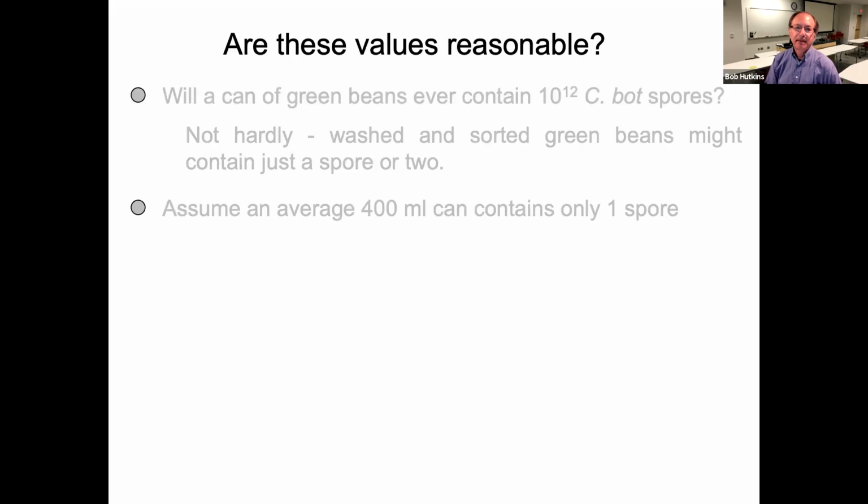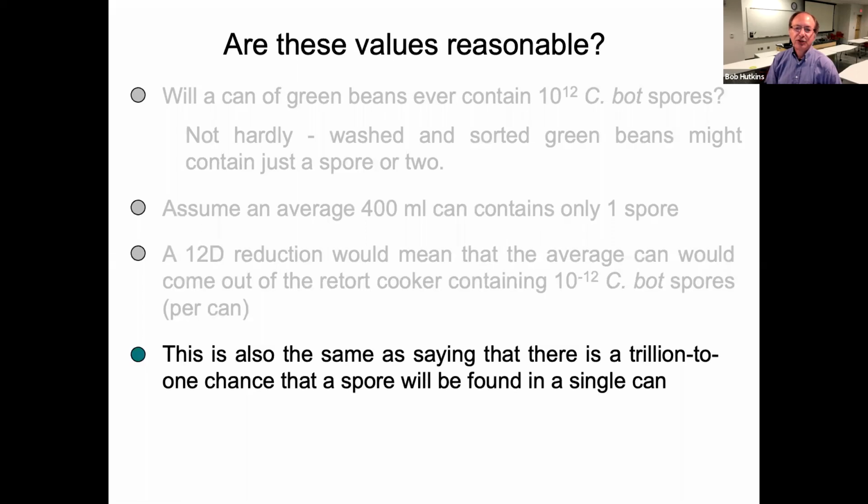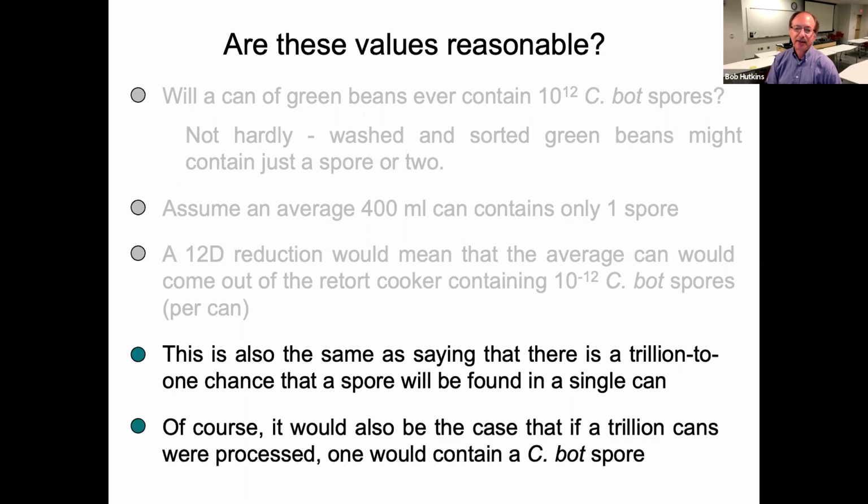Okay. So in other words, it's the same as saying there's a 1,000,000,000,000 to 1 chance that a spore will be found in a single can. Or if we processed 1,000,000,000,000 cans and you were really hungry and you ate them all, you might get unlucky enough to find a CBOT spore in one of those cans. I'm being facetious, but let's say you processed 1,000,000,000,000 cans.